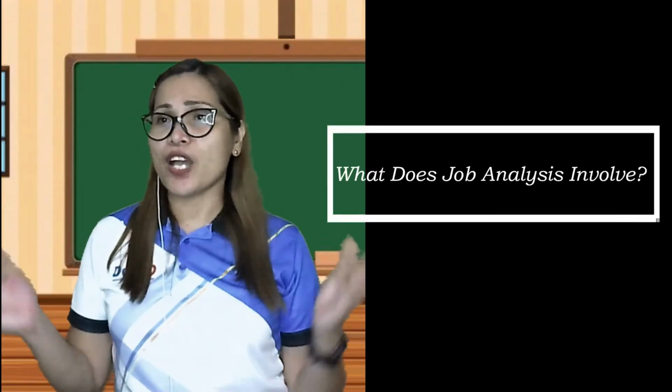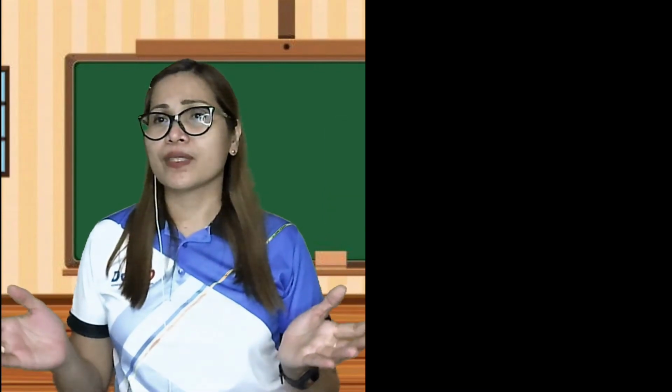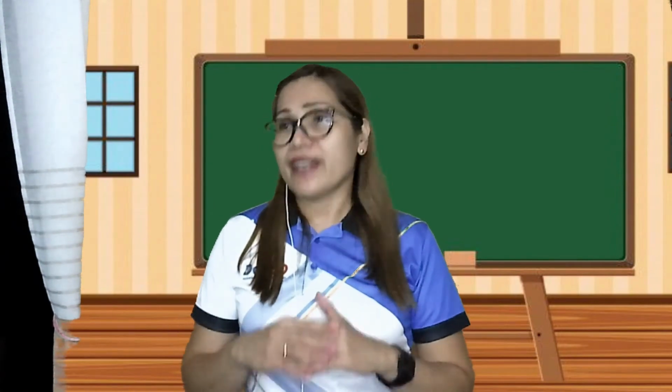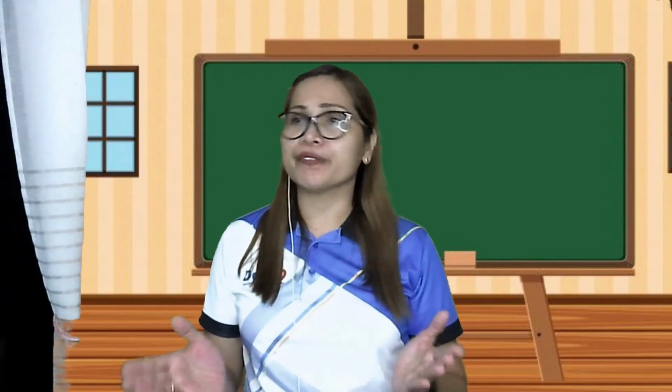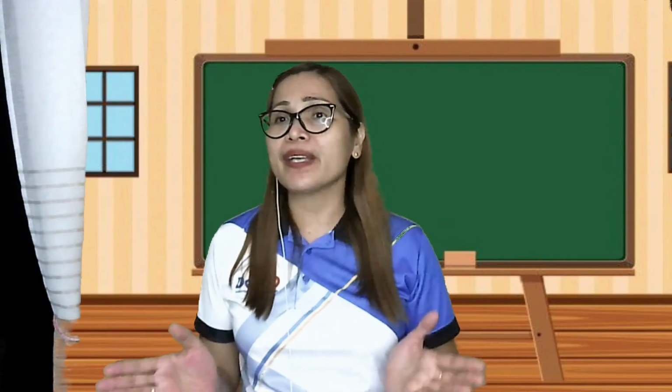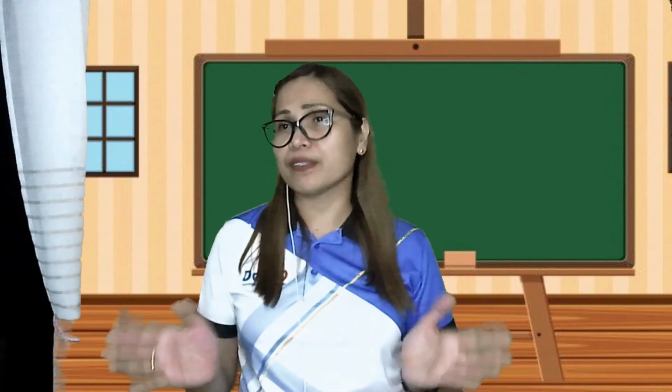What does job analysis involve? The process of job analysis involves in-depth investigation in order to control the output. That is, get the job performed successfully. The process helps in finding out what the particular department requires and what the prospective worker needs to deliver.